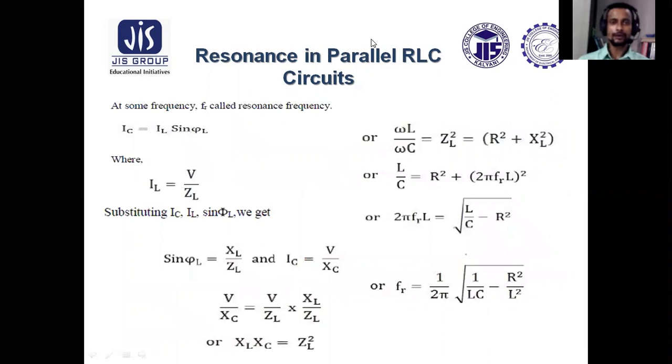So what we concluded here is IC should be equal to IL sin phi L for parallel resonating circuit. At resonant frequency, this should be equal. Now, what is IL? IL equals V by ZL.